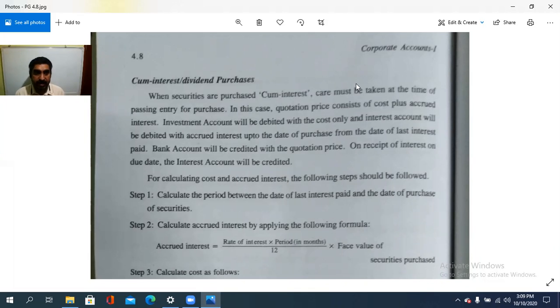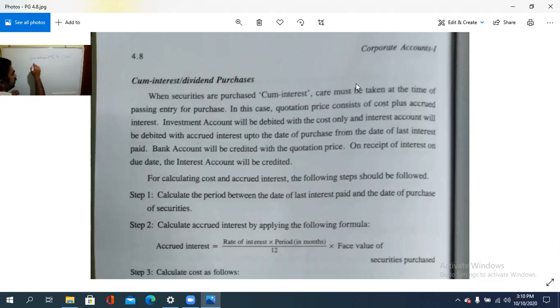Cum-interest in the sense means with interest. So with the cost price only, the investment account is to be taken care of. So the entry will be in this way: investment account debtor, that is with the cost price or cost value.